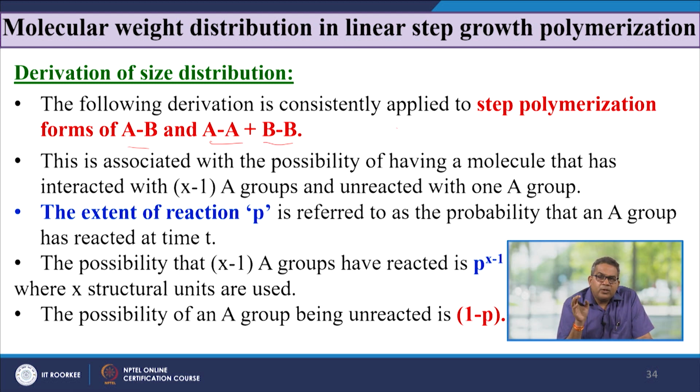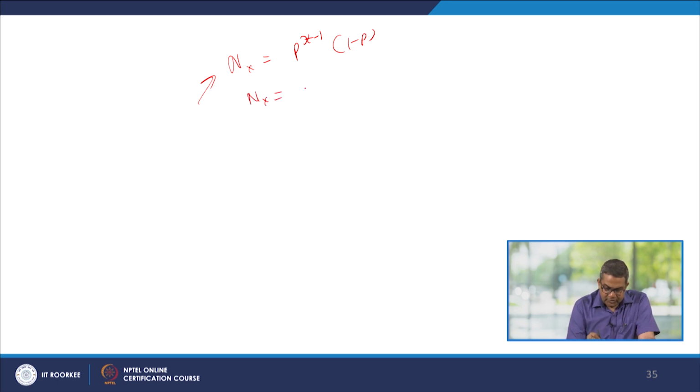Now the probability of an A group being unreacted is 1 minus P. So this can be represented as Nx equals P to the power X minus 1 into 1 minus P, where Nx is the mole or number fraction of X mers in the polymeric mixture. So Nx is equal to N P to the power X minus 1 into 1 minus P. Now this N is the number of polymer molecules.